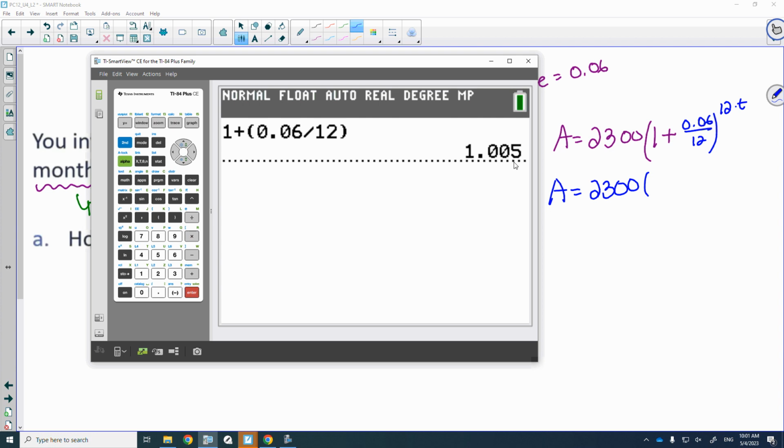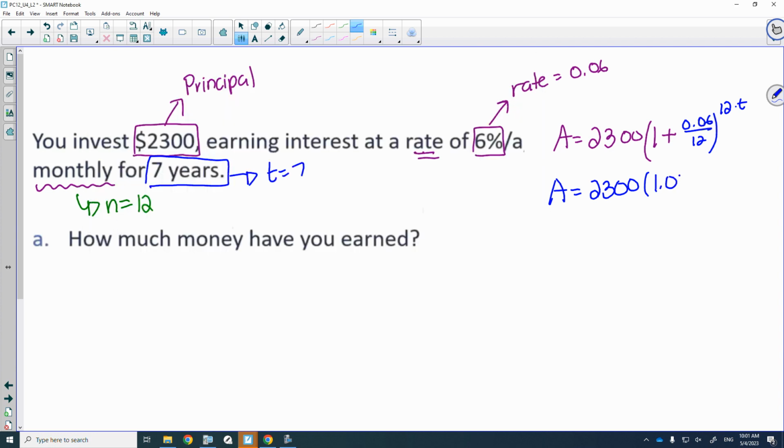My B value is 1.005, to the 12 every year. It can't be 1.06 because then they can't pay me 6% interest every single month, right? So they're dividing that 6% interest over the 12 months is what they're doing. And that's why we divide that 6% over the 12 months.